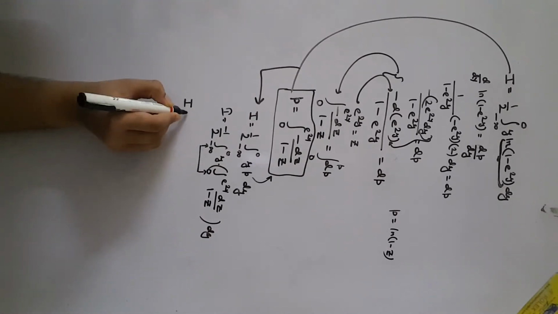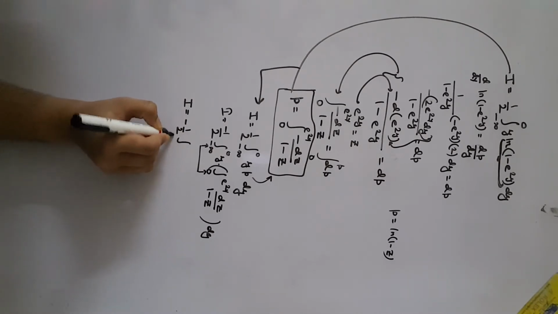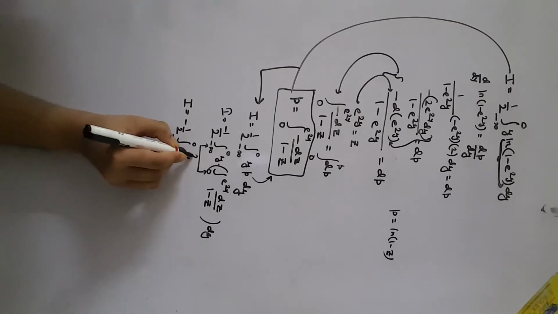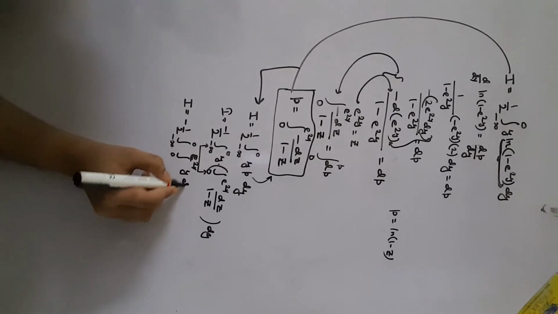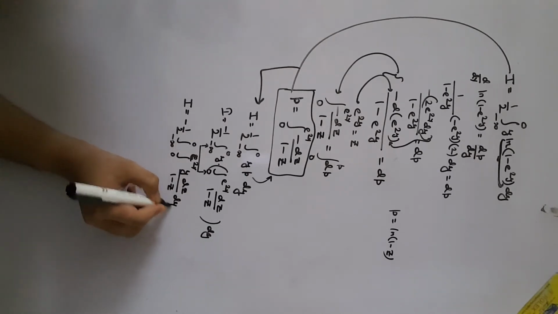So now we can write I as minus 1 divided by 2 of integration from minus infinity to 0, integration from 0 to e to the power of 2y, y times dz divided by 1 minus z dy.